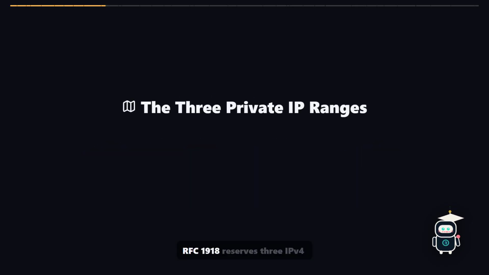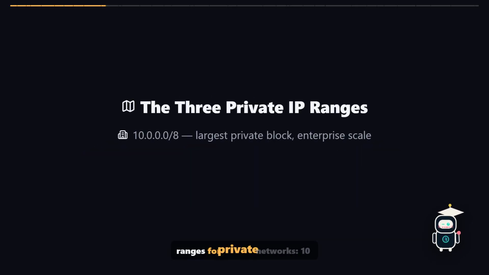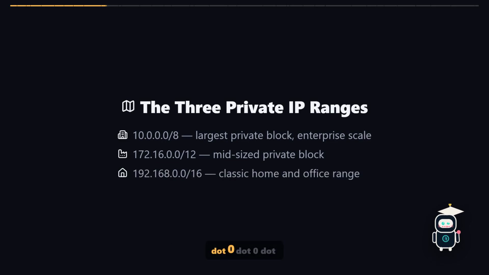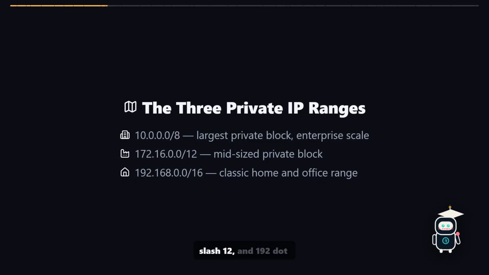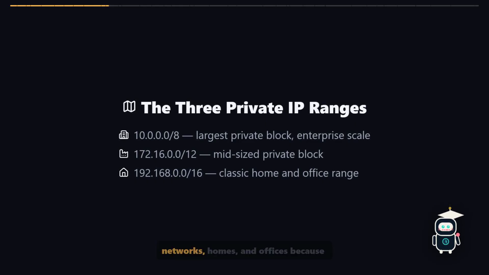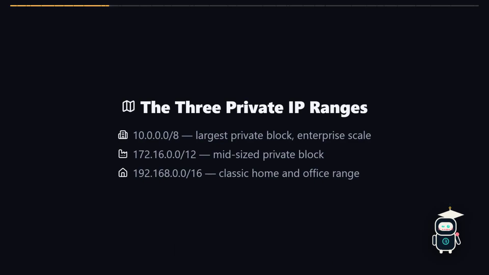RFC 1918 reserves 3 IPv4 ranges for private networks: 10.0.0.0/8, 172.16.0.0/12, and 192.168.0.0/16. These ranges are widely used inside VPCs, corporate networks, homes, and offices because they are not publicly routable on the internet.